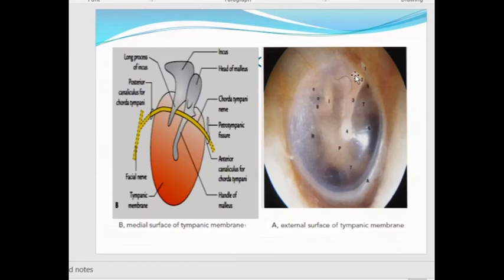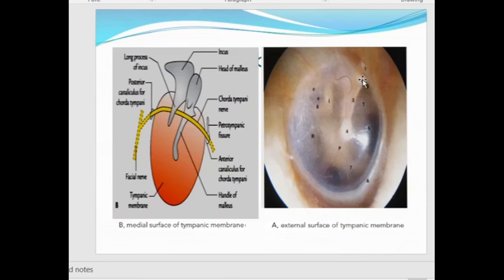Here you see this structure, which is part of the malleus. Here is the attic region, which consists of the pars flaccida and the outer attic wall, because the pars flaccida is part of the lateral wall of the attic region, but it is not the whole attic region. This bony partition here is the remnant of the outer attic wall, which we call the scutum.